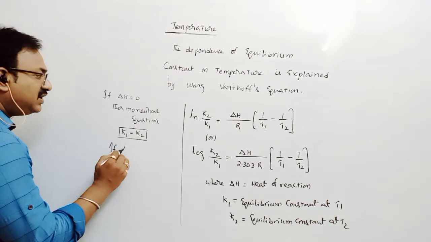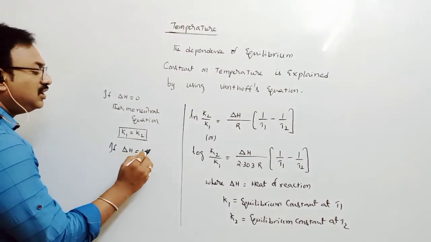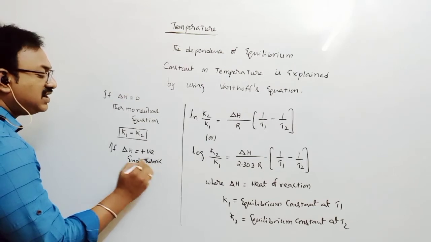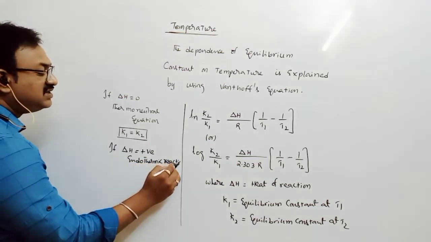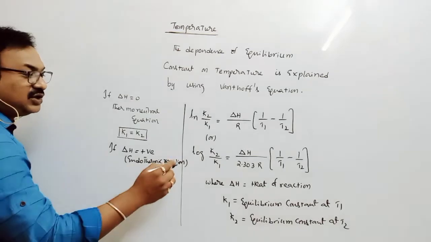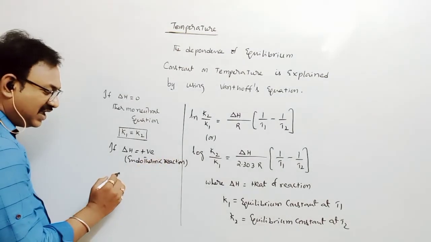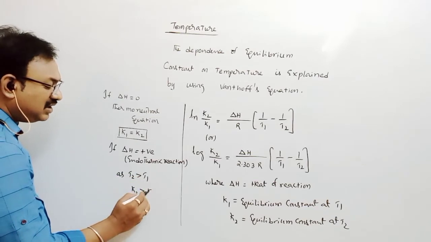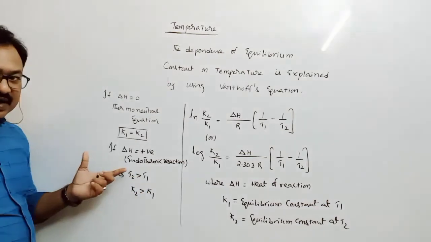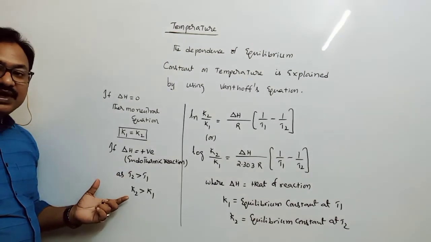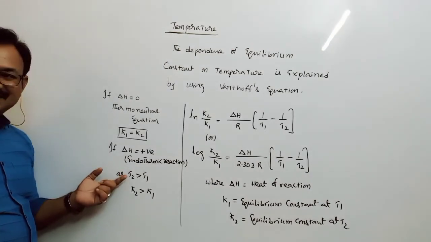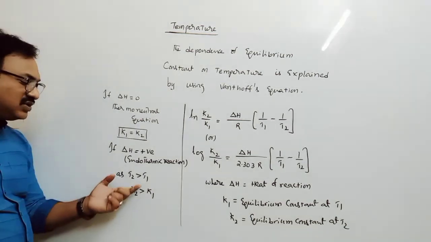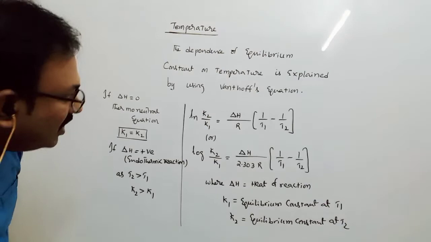Next, if del H is positive, it means an endothermic reaction. Del H positive means endothermic reaction. तो क्या होगा? As T2 greater than T1, K2 greater than K1. In such a case, as temperature increases, equilibrium constant increases.